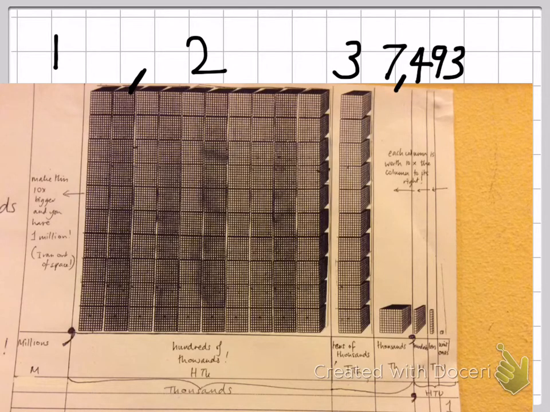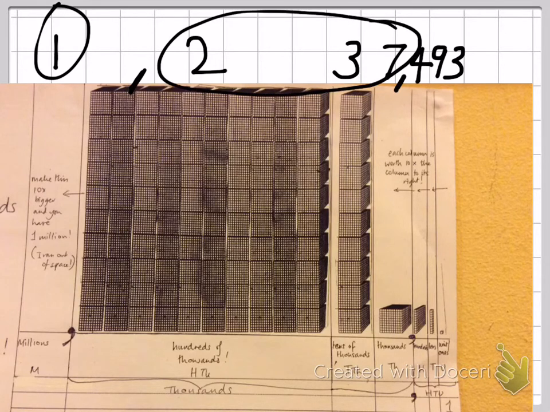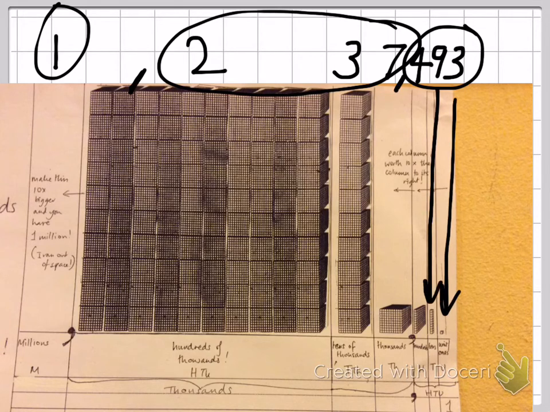If we have this kind of number here, 1,237,493, you can see how this would be built up from the individual building blocks. The 3 would be 3 of these. The 9 means 90, which is 9 lots of 10. The 4 means 400, which is 4 of those 100 blocks.